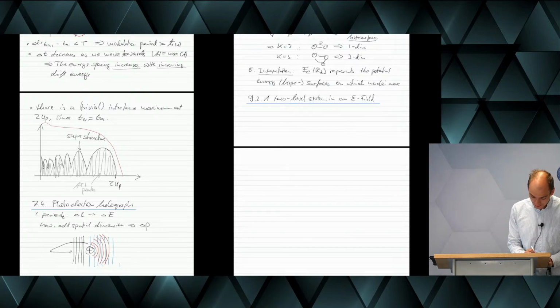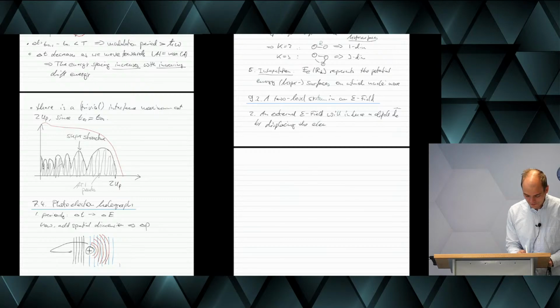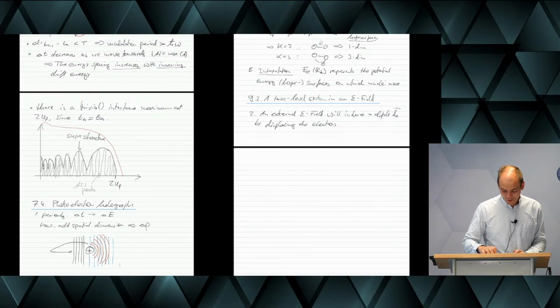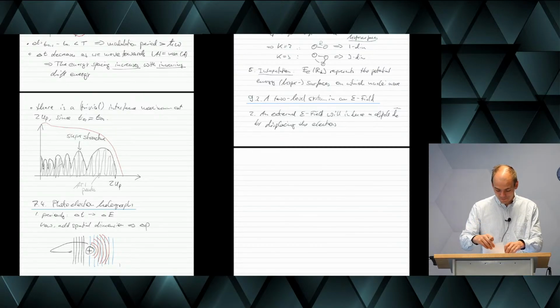And so point 2, an external E field will induce a dipole dE by displacing the electrons, while the nuclei are still assumed to be frozen.